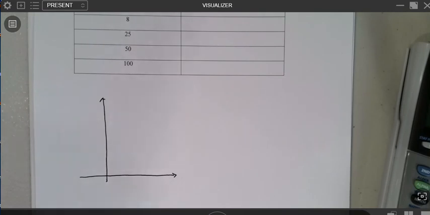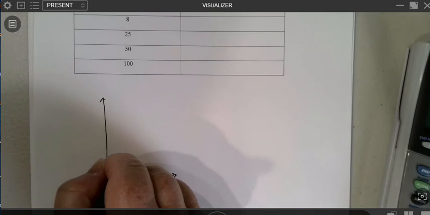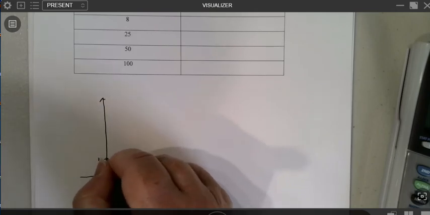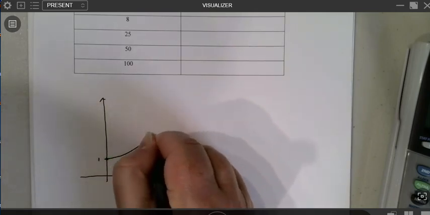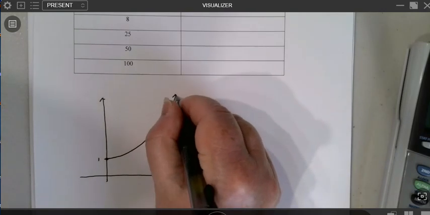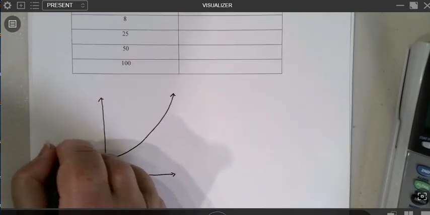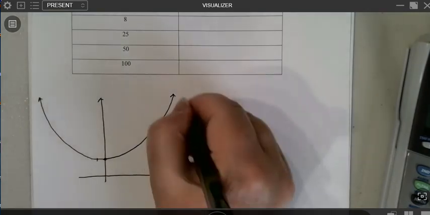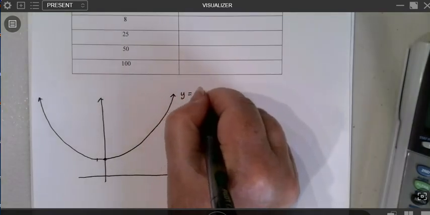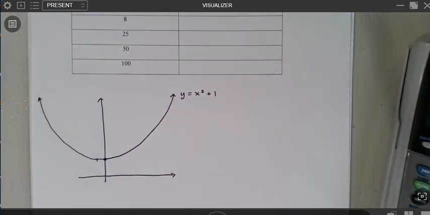X squared plus 1 is just a parabola that's been shifted up 1. So it basically looks like that.